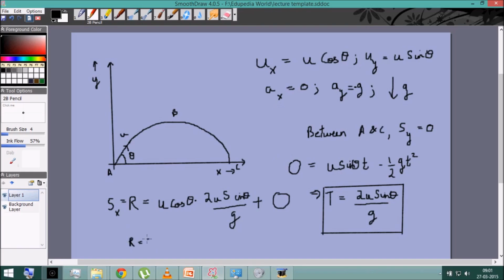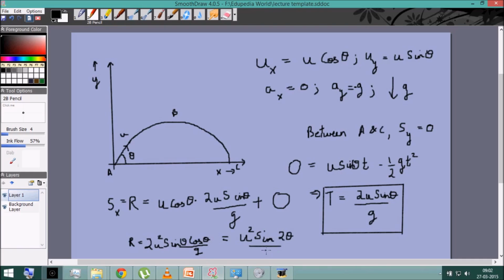T will be the time we just found out, 2u sine theta by g. Plus half at square, but that will be a big 0 because ax is 0. So this will give me R is equal to 2u squared sine theta cos theta by g.